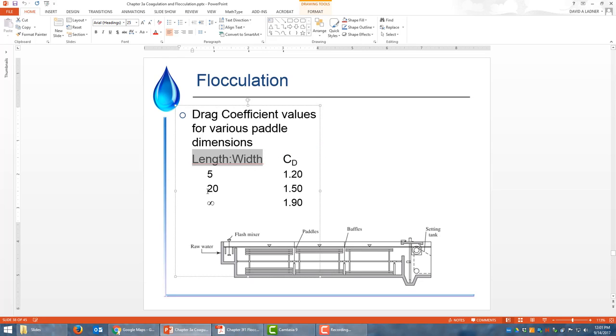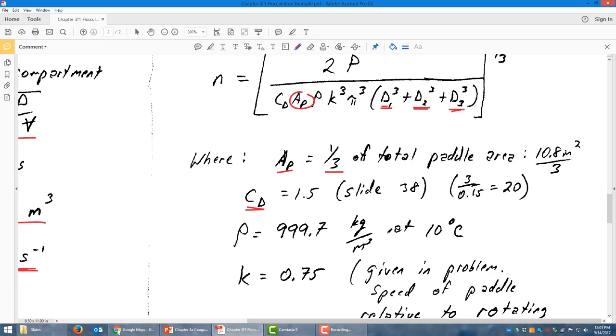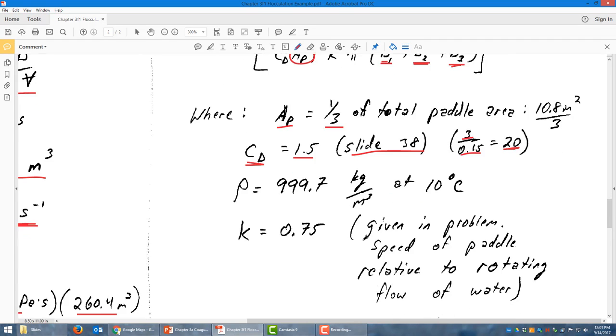In our case, the length to width ratio is 20, so our coefficient of drag is 1.5. And does it make sense that the length to width ratio is 20? Well, our length is 3 meters, and our width is 0.15 meters, so yes, our length to width ratio is 20, and from slide 38 that we just looked at, our coefficient of drag is 1.5.